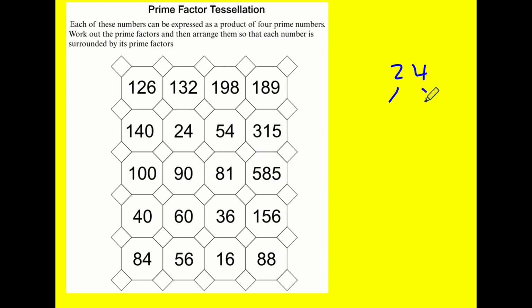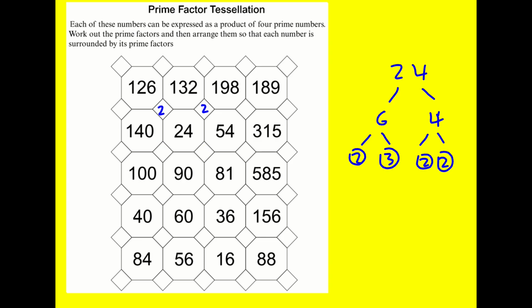So 24 is going to be 6 and 4. And then it's going to be 2 and 3, and 2 and 2. Now I need to put these in, but I need to make it so it works. I can't just do this and hope it works. I need to think about it. Maybe the 2 should be there, maybe the 2 should be there.